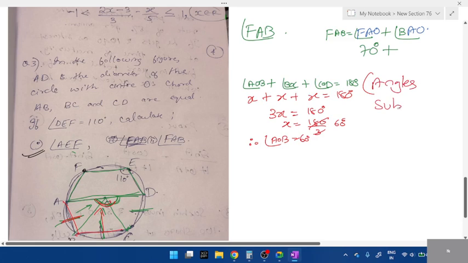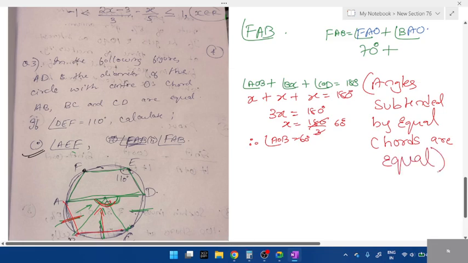Angles subtended. See, subtended is nothing but when a chord is given like this, students. The meaning of subtend is when a chord is given, we extend it to the center. The meaning of drawing this dotted line is known as subtending.